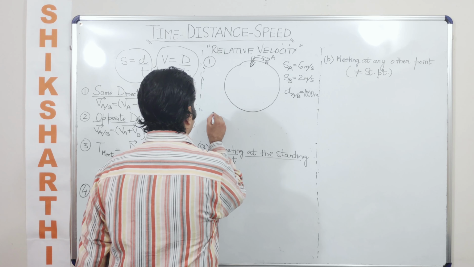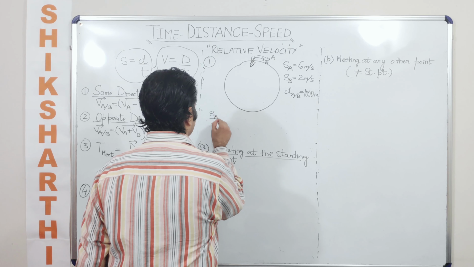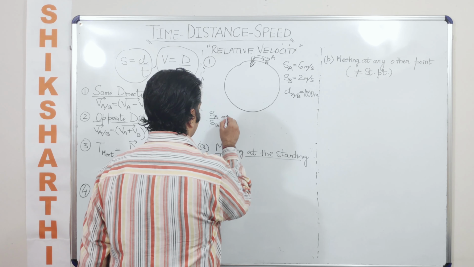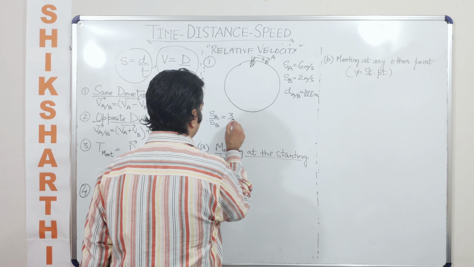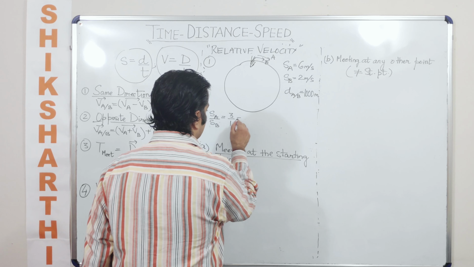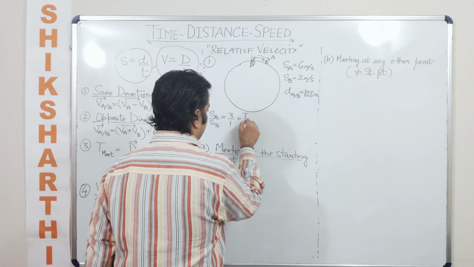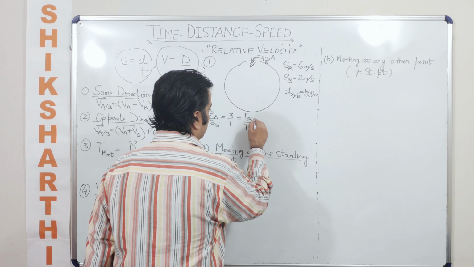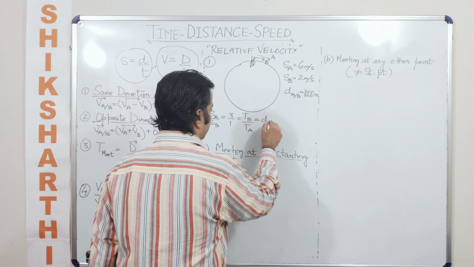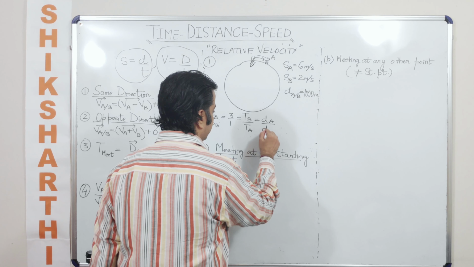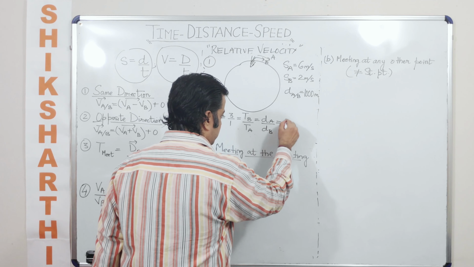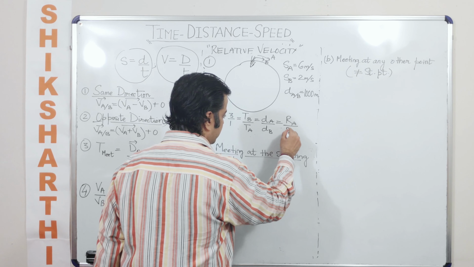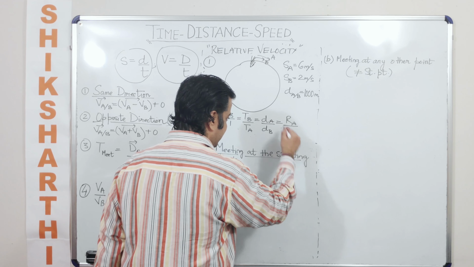Okay, so can I say that the ratio of their speeds, which is SA upon SB, in this case is how much? 6 by 2, which can be written as 3 upon 1, which can further be written as the time taken by B versus the time taken by A ratio, which is equal to the distance traveled by A divided by the distance traveled by B, which is equal to the number of rounds traveled by A in a given time divided by the number of rounds traveled by B in the same time.